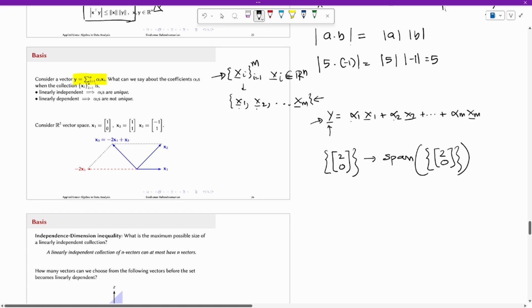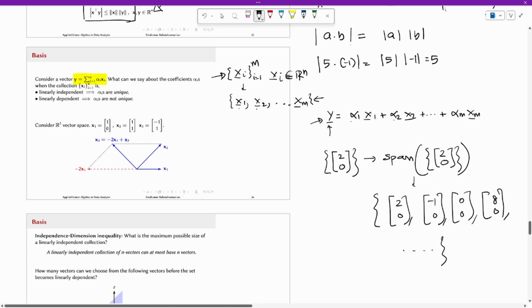That means it is a set that looks like this: 2, 0, minus 1, 0, 0, 0 is also there, 8, 0, and so on. There is only one vector. A linear combination of that vector is simply a scaling of that vector. So the span will look like this.